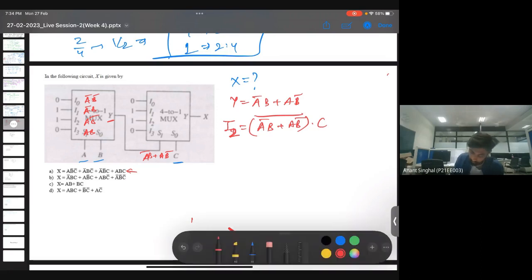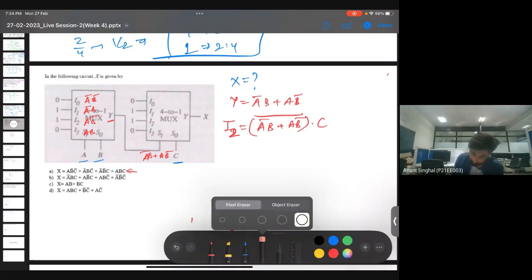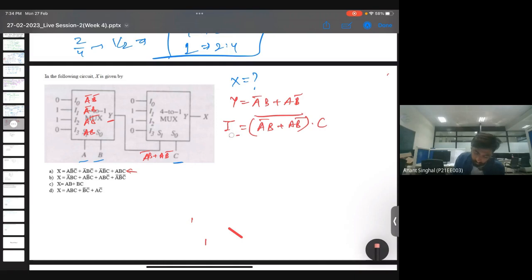No, this will be I1 only. I2 will be A bar B plus A B bar into 1, 0. So X is nothing but I1 plus I2.